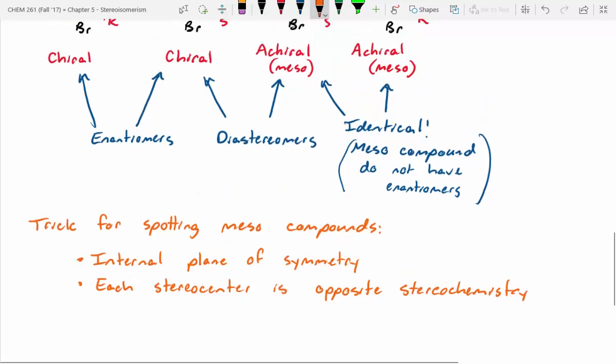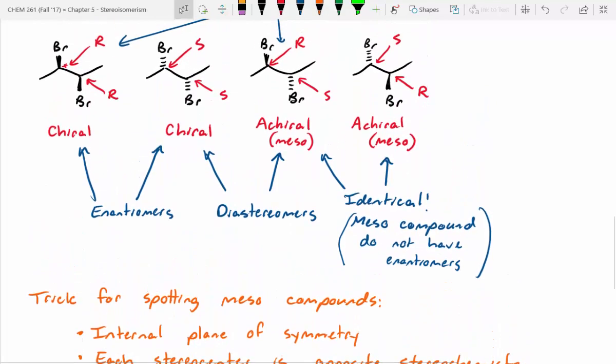So for example, if we go back up and we look at the achiral meso ones, do you see how the bromines are R and S on each of them? That's an easy way to spot an achiral compound. We know it's symmetric because each bromine's kind of equidistant along the chain and they have opposite stereochemistry.